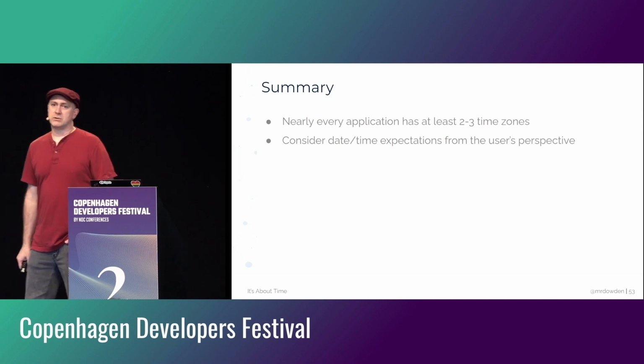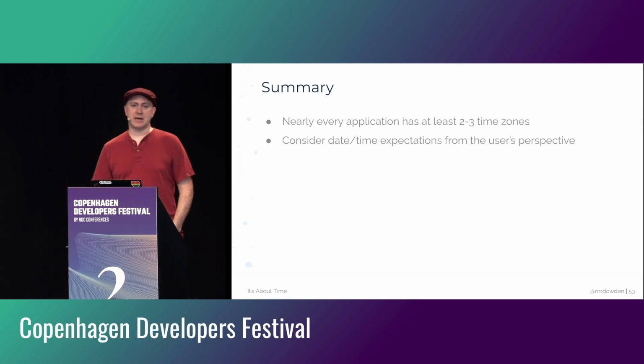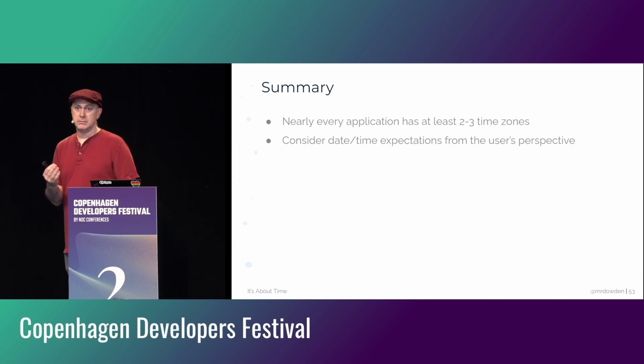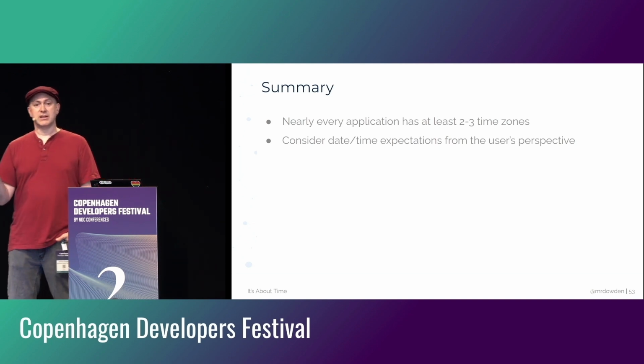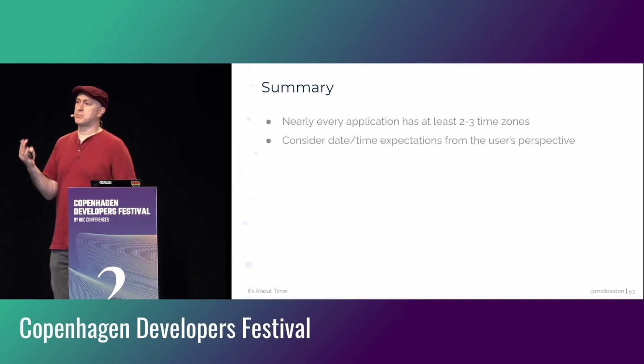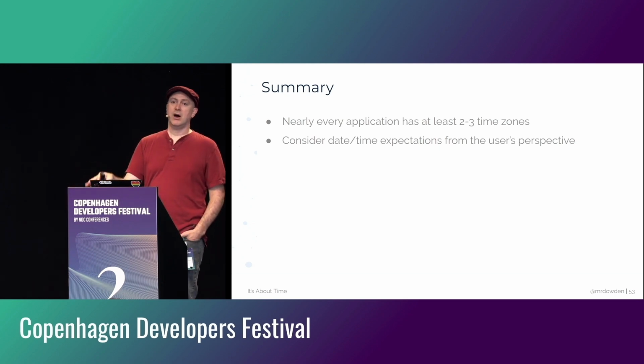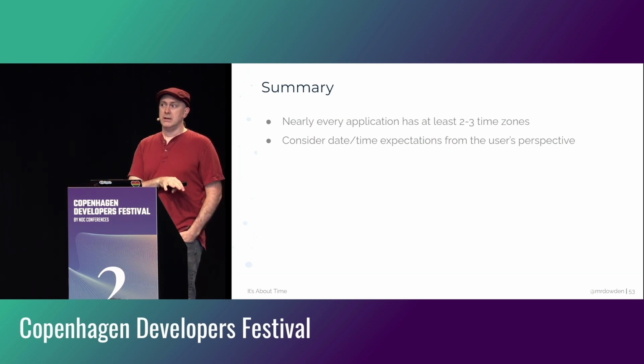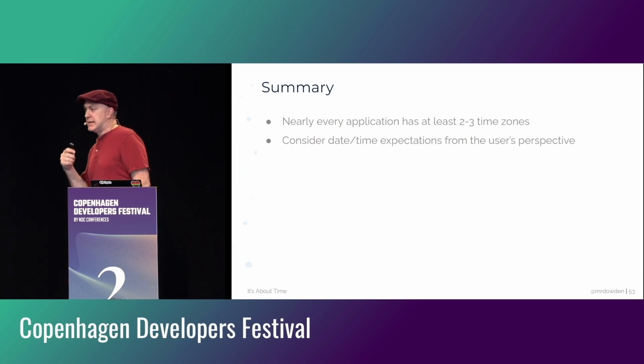Always consider date and time expectations from the user's perspective. What is the user trying to accomplish? Do they care about the time zone at the time they're doing it? Are they just trying to give you a month and a year as input? Can we figure out everything else from context clues without having to prompt the user for additional information? Awesome, let's do that. Let's make it as easy as possible.